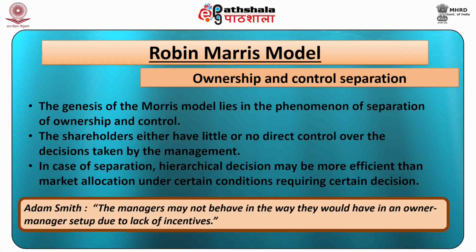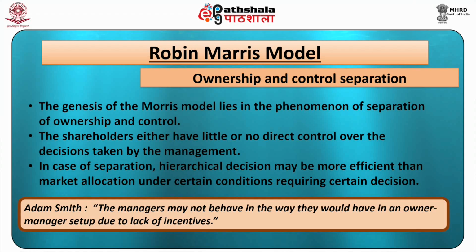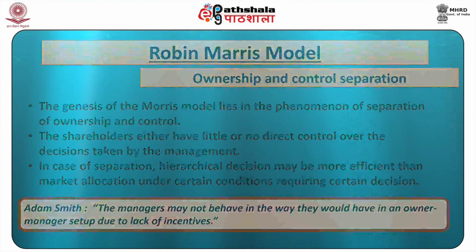The major concern with respect to separation has been raised by Adam Smith. According to him, the managers may not behave in the way they would have in an owner-manager setup due to lack of incentives.